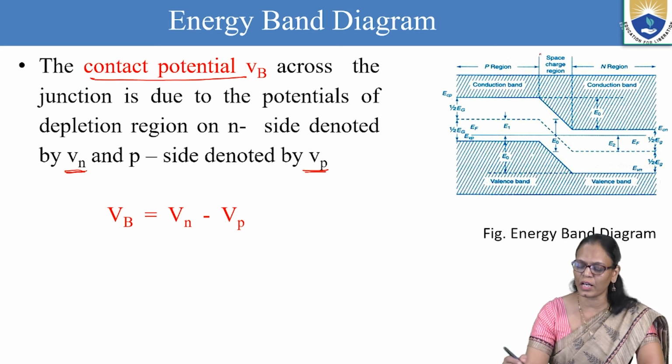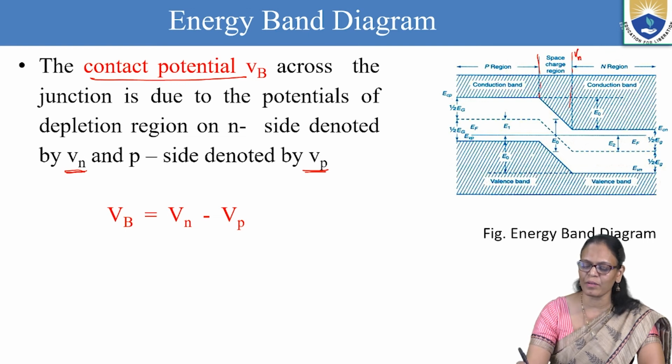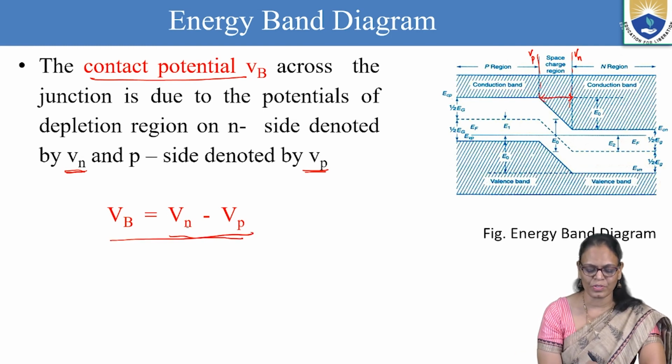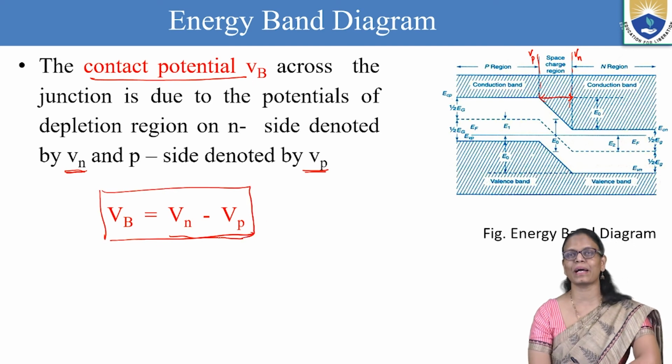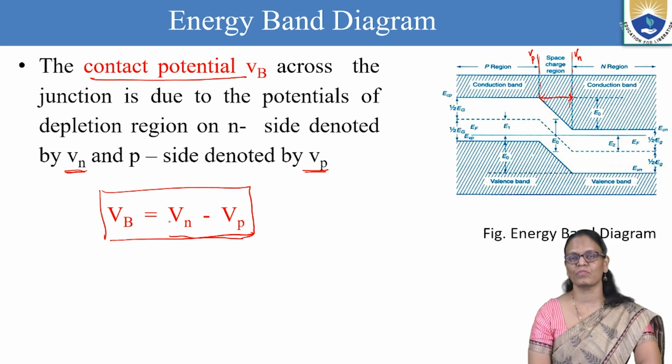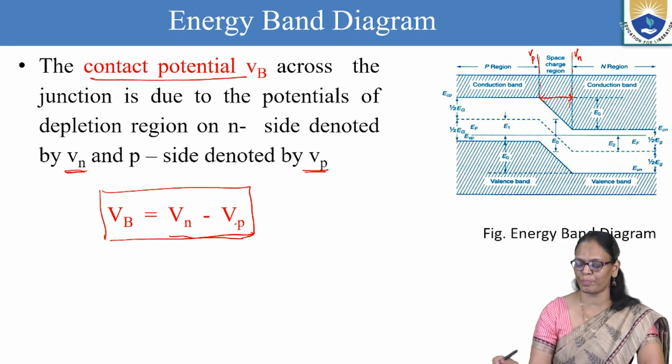If this is the N side and this is the P side, and this is the depleted region, so if this is Vn, this will be Vp, and the barrier potential Vb is given by Vn minus Vp. So this denotes the contact potential or the barrier potential Vb, which is Vn minus Vp.